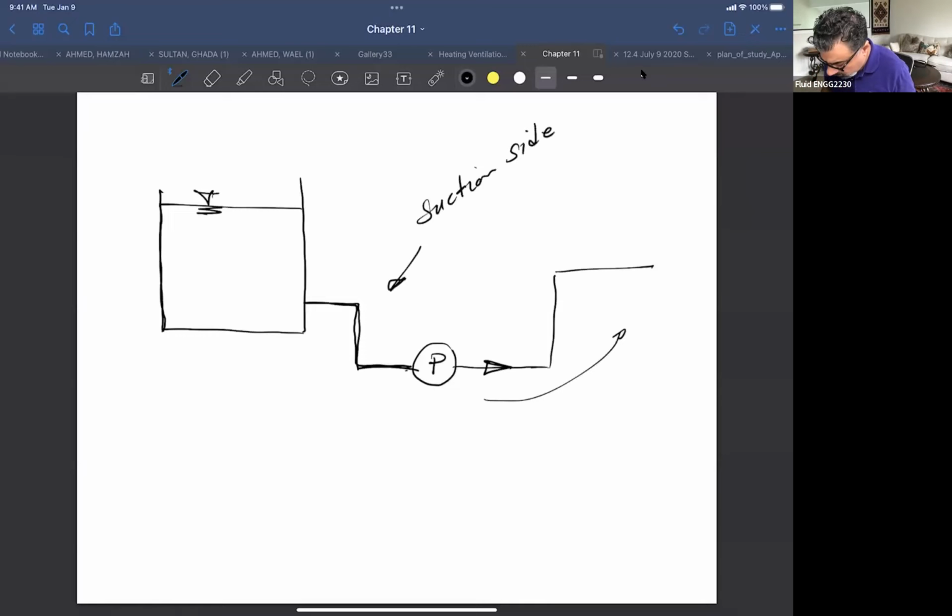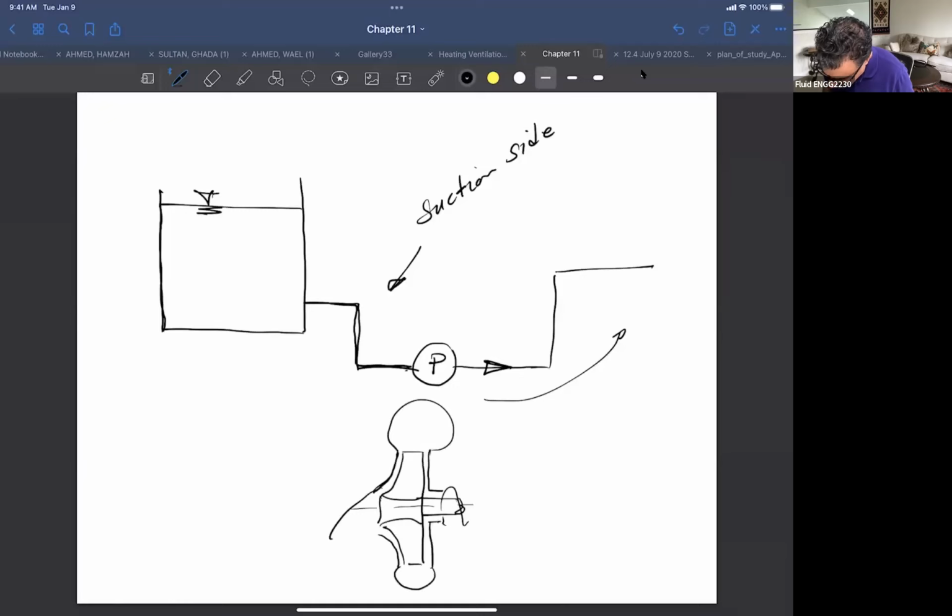Remember when we drew the centrifugal pump, we did it like this, right? So the pump is basically rotating, so this is the RPM.